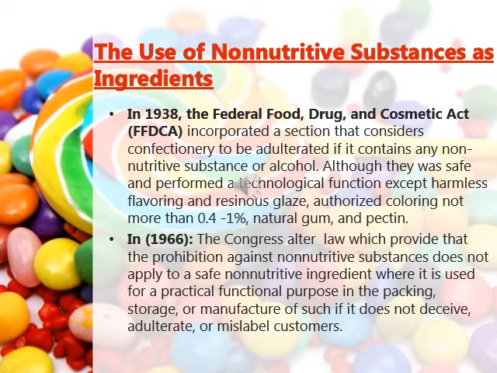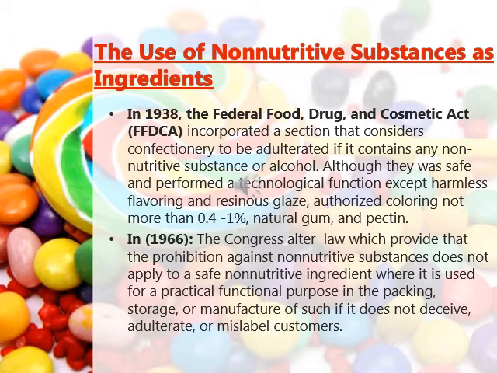We will talk about the use of non-nutritive substances as ingredients. First, in 1938, the Federal Food, Drug and Cosmetic Act incorporated a section that considers confectionery to be adulterated if it contains any non-nutritive substance or alcohol, unless they were safe and performed a technological function. Except harmless flavorings, authorized coloring not more than 0.4 to 1%, natural gum, and pectin.